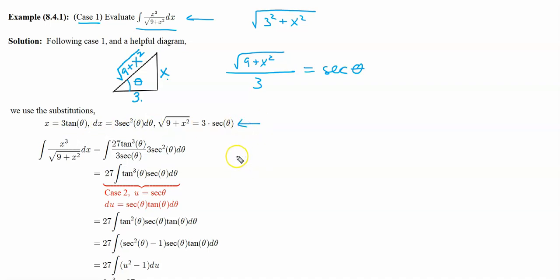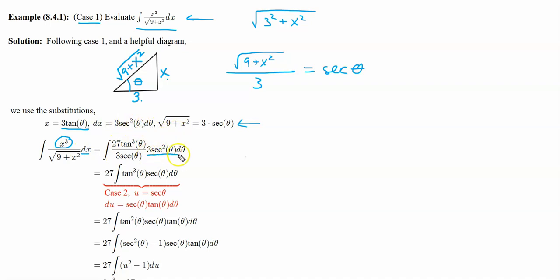All right, now we just put everything in. X cubed becomes, if I cube this, 3 cubed is 27, tangent of theta, we cube it, right? So there's x cubed, 27 tangent cubed theta. The dx becomes 3 secant squared theta d theta.